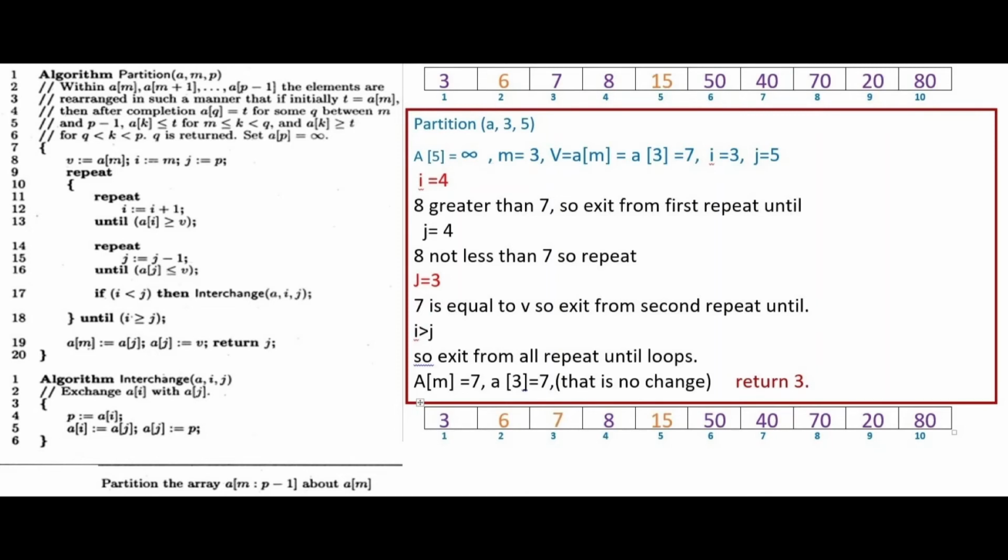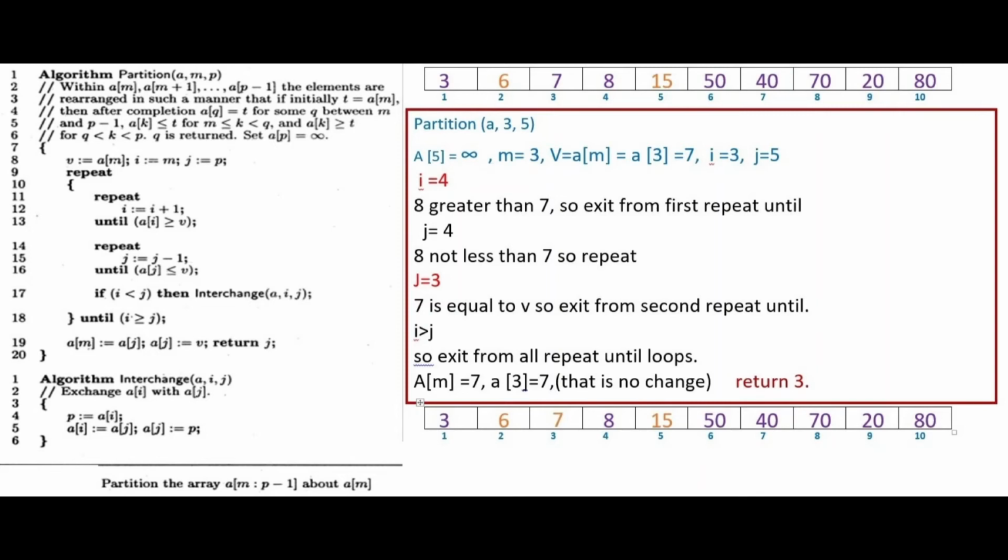That is a of 4, 8. 8 is greater than 7. That is, we select the largest element than the key value from the left side. The largest element than 7 is 8. So exit from the first repeat until.